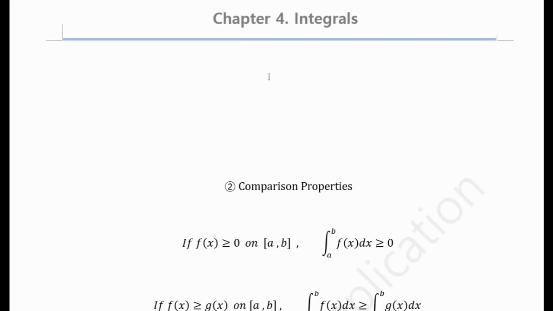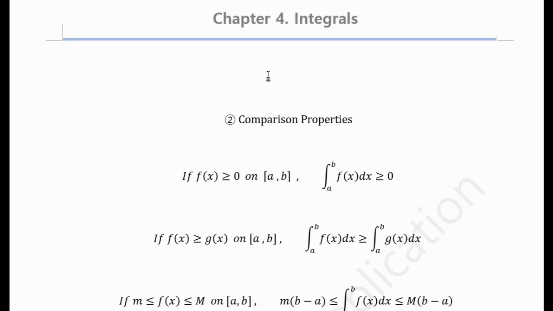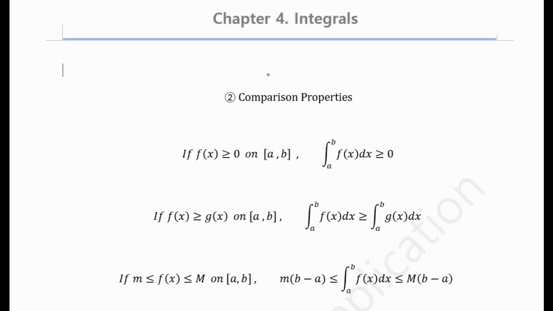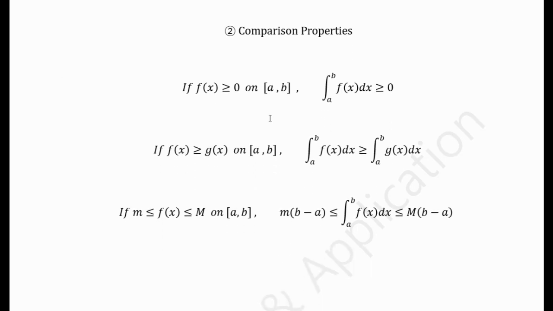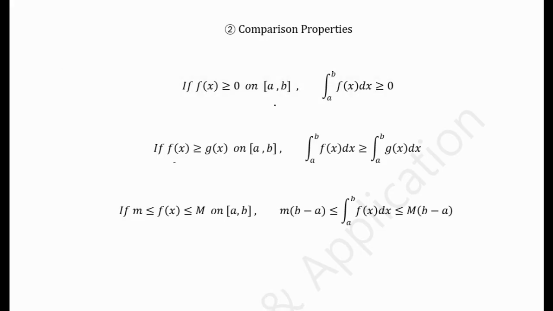And the next topic is the comparison property. If function f(x) is greater than 0 on [a, b], the integral from a to b of f(x) dx is positive, greater than 0. And if f(x) is greater than g(x) on [a, b], the integration from a to b of f(x) dx is greater than the integration from a to b of g(x) dx. It is natural.